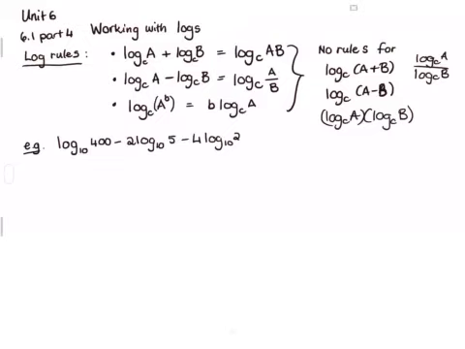However, notice that with these rules here, the top two, there are no numbers in front of the logs. So before we can use them, we must first use rule 3 backwards, so that each log is just a log base 10. So this would be log base 10 of 5 squared minus log base 10 of 2 to the 4.